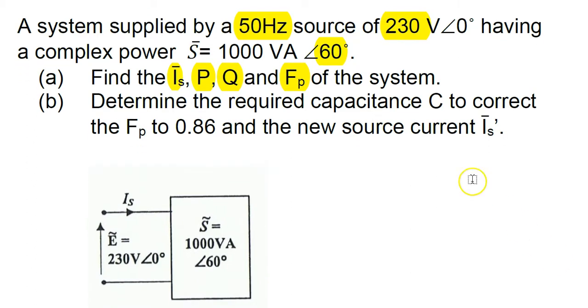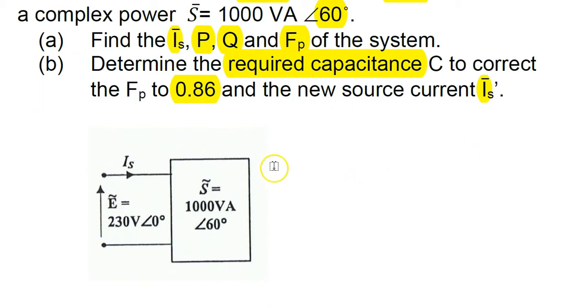Then we also want to determine the required capacitance to correct the power factor to 0.86, and calculate the new current source value, that is, by putting in extra capacitance, what happens to the current.